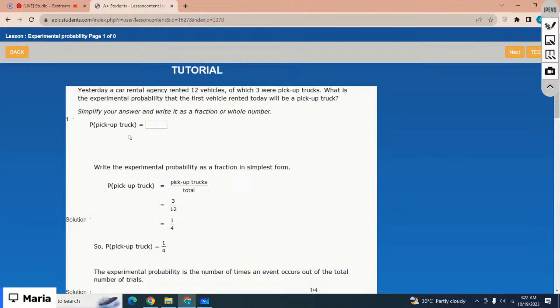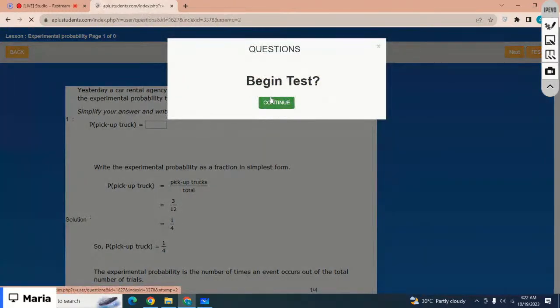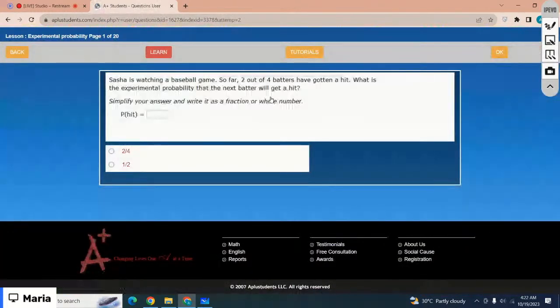Okay, let's just start with the test questions. Sasha is watching a baseball game. So far, 2 out of 4 batters have gotten a hit. What is the experimental probability that the next batter will get a hit? Okay, the total outcomes are 4, right?